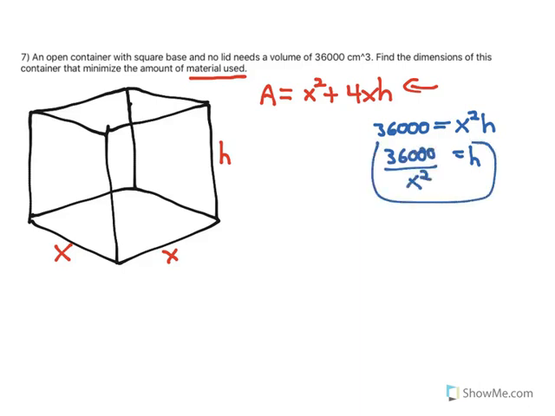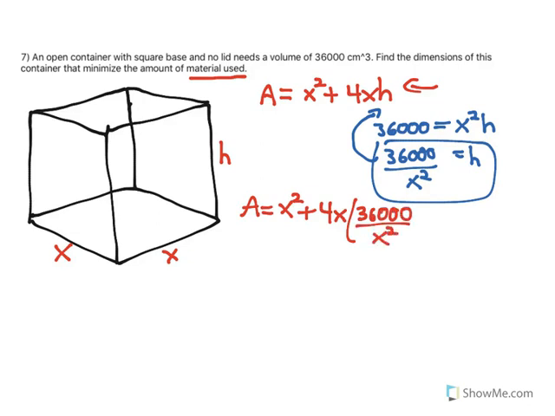Perfect. Now I can sub this in for h here and then derive the area function because that's what I want to optimize. So the area function now equals x squared plus 4x times 36,000 over x squared. Once I've subbed that in for h, one of our x's will cancel, and we've got A equals x squared plus 4 times 36,000 is 144,000 over x.